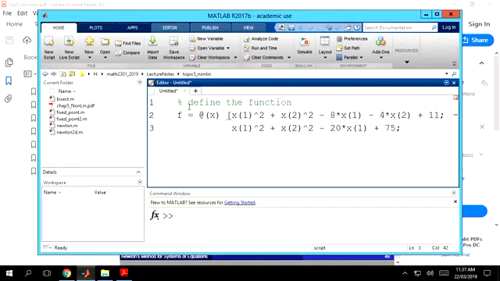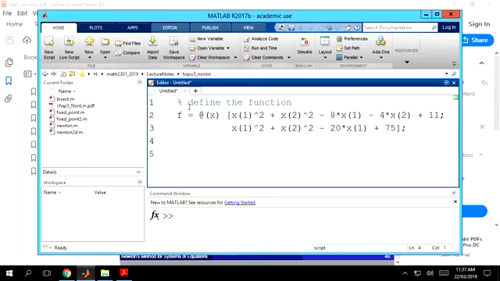Yeah, so this is how I define my function. So you see, my function takes an x as a vector and it returns a one by two vector, you know, two components. Yeah, okay.